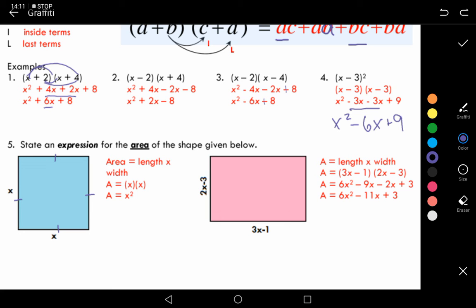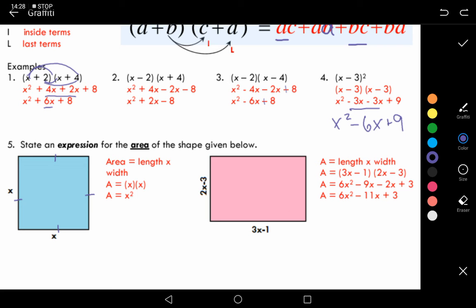With the square, we had just monomials, just one term. With the side lengths of our pink rectangle, we have binomials, two terms. Don't get overwhelmed. You know how to do this.